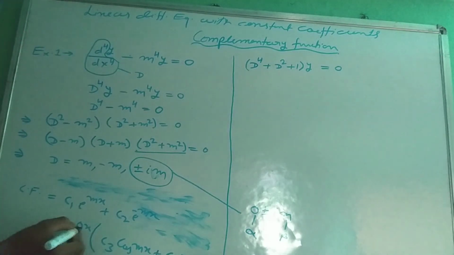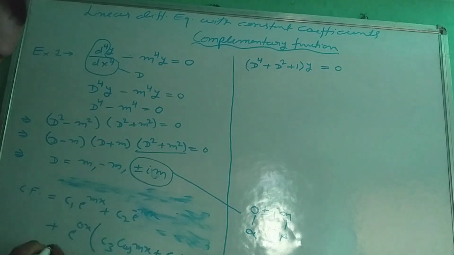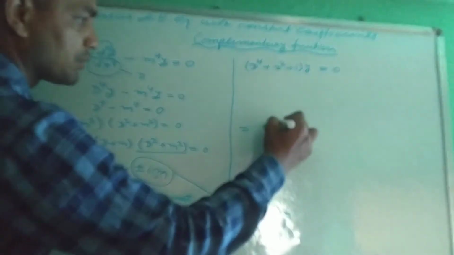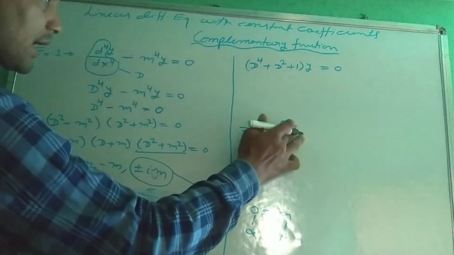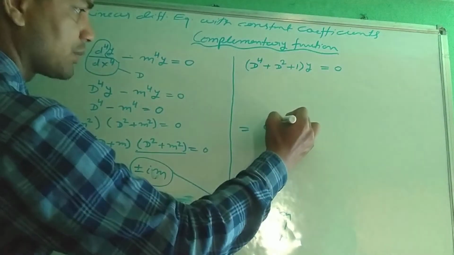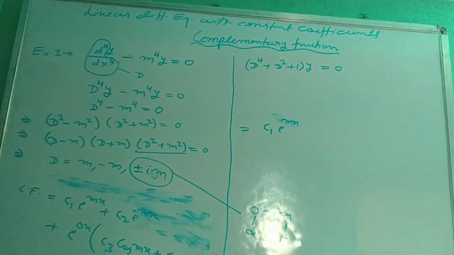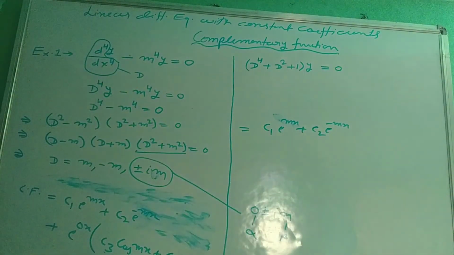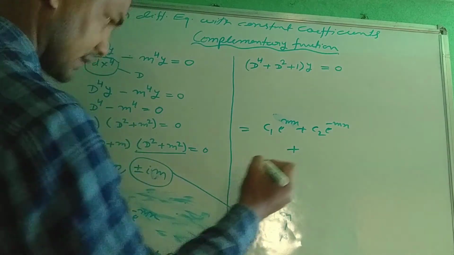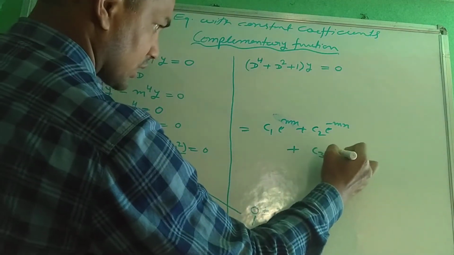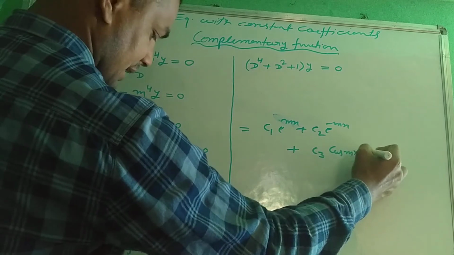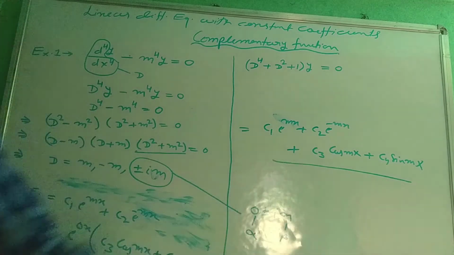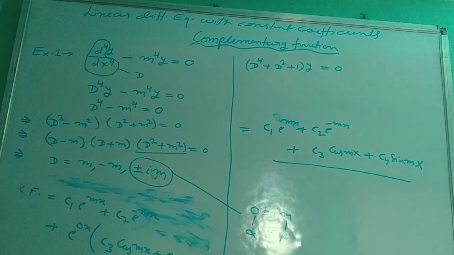This value is equal to 1, so we can write this is equal to c1 e to the power mx, second is plus c2 e to the power minus mx, next is plus c3 cos mx, and last is c4 sin mx. This is the answer of this question. This is the complementary function.